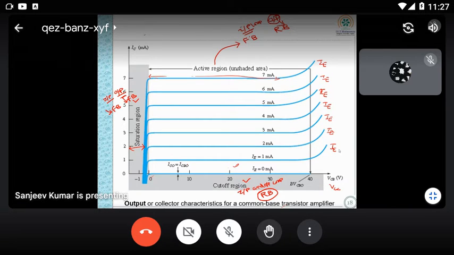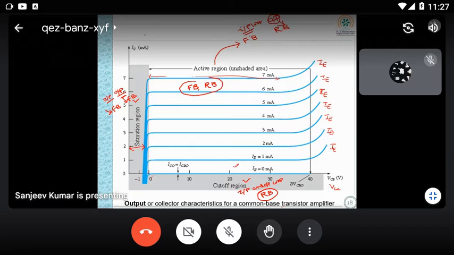Now this example is a practical case given for the silicon based transistor. This is the output characteristic at different IE values they have plotted. Now already one thing I told, because we have taken input loop forward biased and output loop reverse biased.